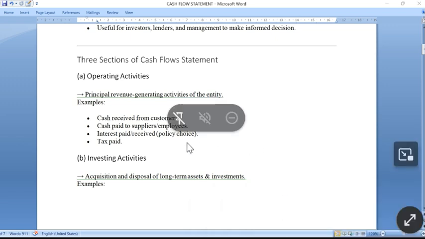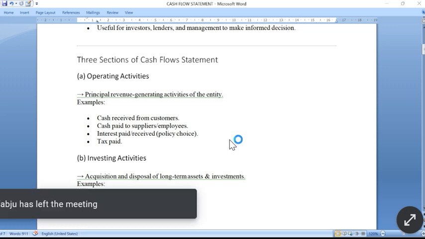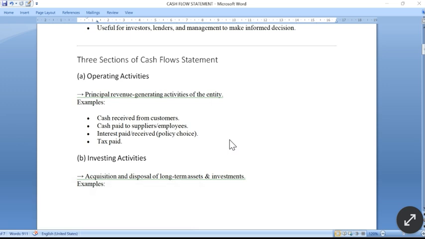So generally this one is talking about the cash you received, for instance, from sales. That's what we call revenue, as it were. And then we have the cash that you paid to your suppliers, your creditors, the cash you pay to your employees, the cash out and the likes.